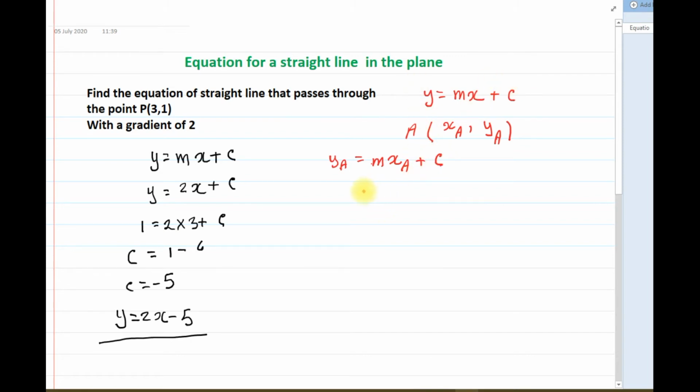From here, we can write c is equal to y sub A minus m times x sub A.